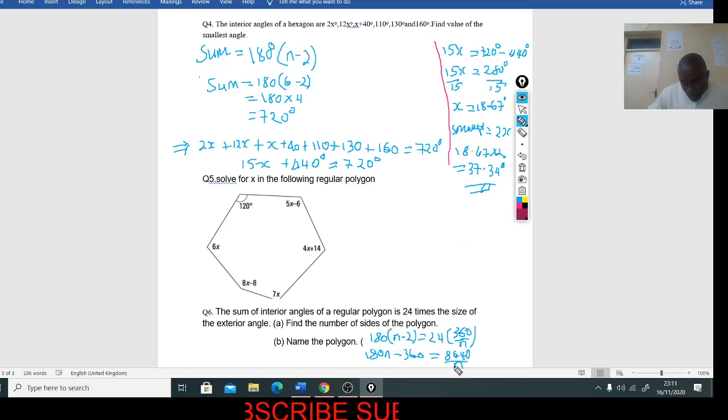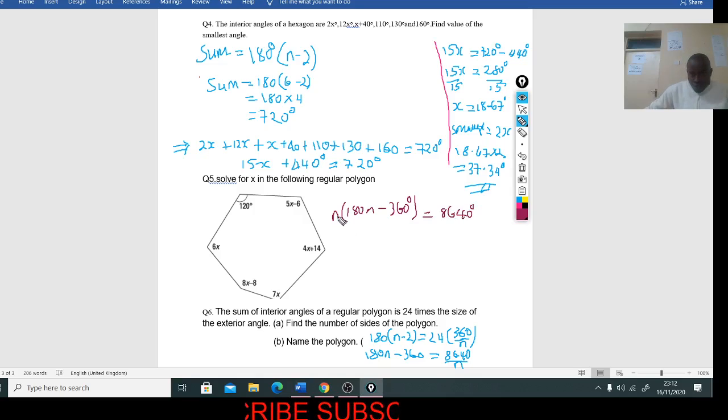If I multiply by n all through, it will be n into brackets 180n minus 360 degrees, which is equal to 8640 degrees.